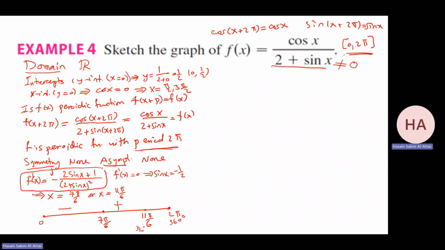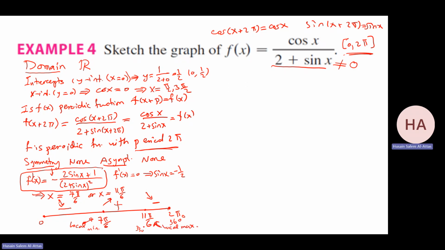So 2 sine x plus 1 will be a positive value. If you take a value between minus 1 and 0, take minus 1 over 4, it will give you minus half plus 1. This is positive times minus, it will be negative. So it's decreasing, increasing, decreasing. And we have a local minimum here, a local maximum here.